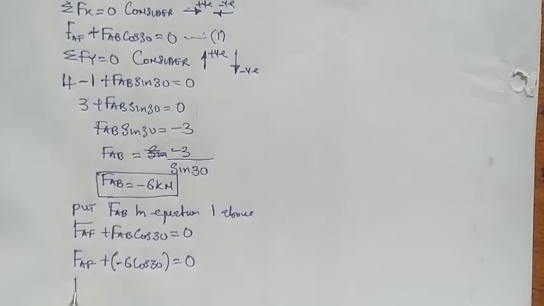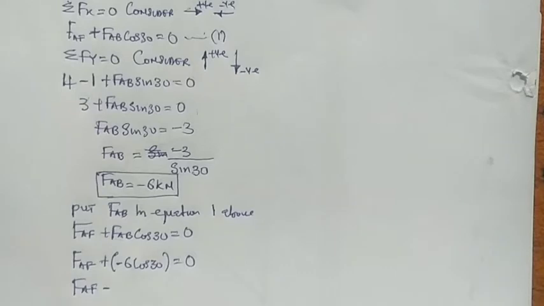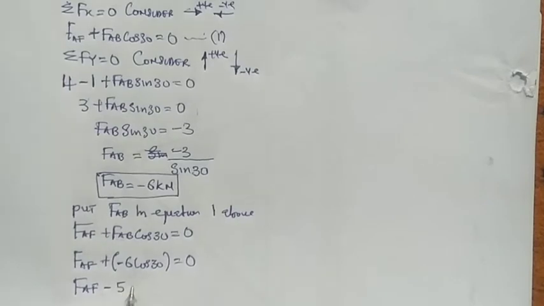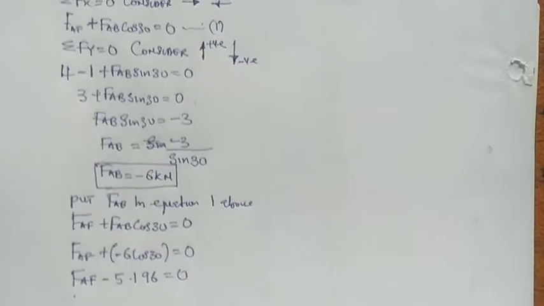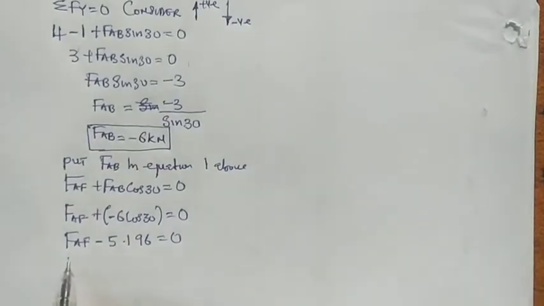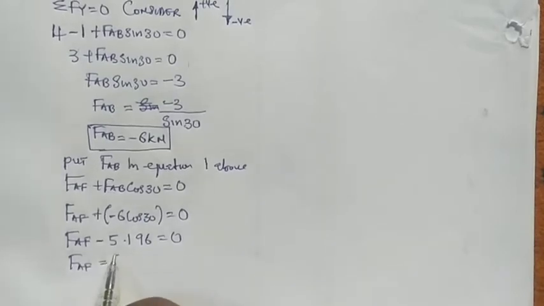So FAF, minus times plus is minus, 6 cos 30 will give me 5.196 equals to 0. If I take this to this side, FAF is equal to 5.196 kilonewton.